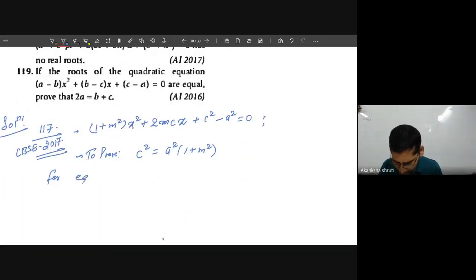So for equal roots, what do we have to apply? D is equal to 0. But before writing D is equal to 0, we must write A, B, C. So students, आपको जब भी ऐसा मिले तो आप केयरफुली यहाँ A, B, C क्या है ये आप सर्च करेंगे.